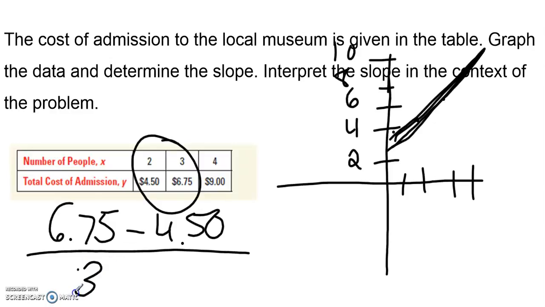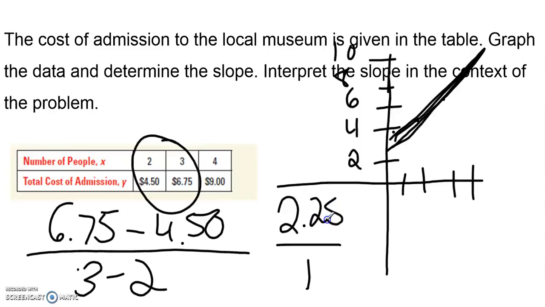So I get 1 at the bottom, and then at the top I have 2.25. So m equals 2.25. So basically it's $2.25 per person.